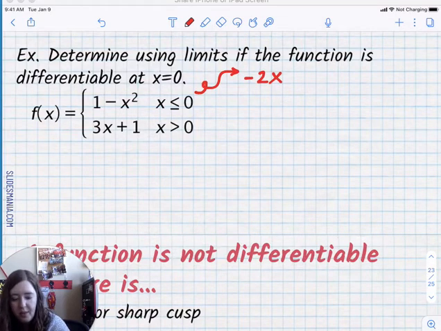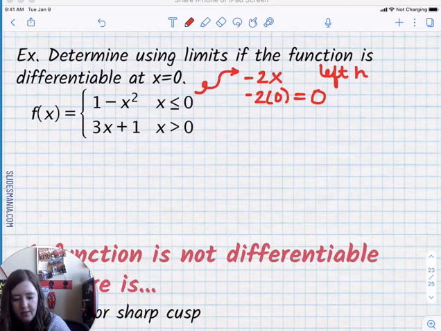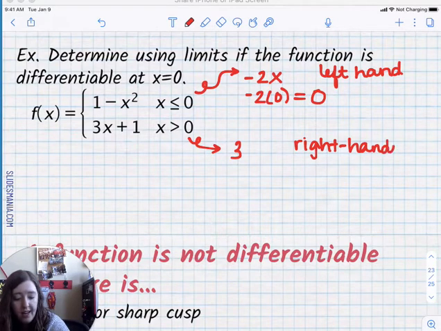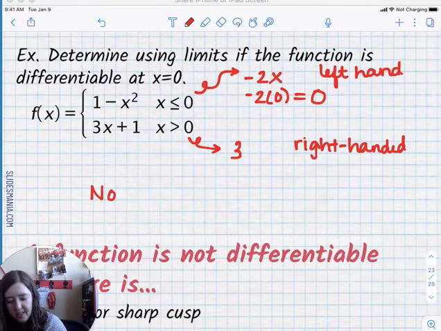If we plug in 0 for the slope there, we'll get 0 on the left hand. Then down here we'll talk about the right-handed limit. So if we take the derivative of 3x plus 1, we just get 3. So my right-handed derivative and my left-handed derivative, one of them is 0, one of them is 3, so it is not differentiable at 0.